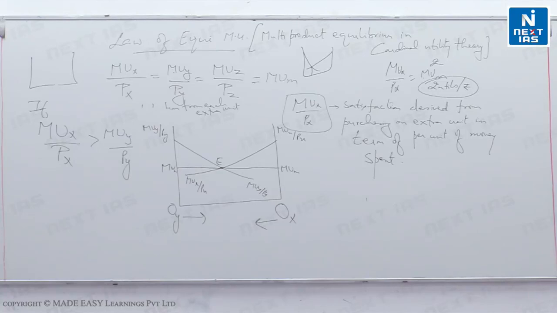Now I'm telling you the interpretation of MUX by PX, which shows the utility derived per unit of money spent is equal for each commodity.